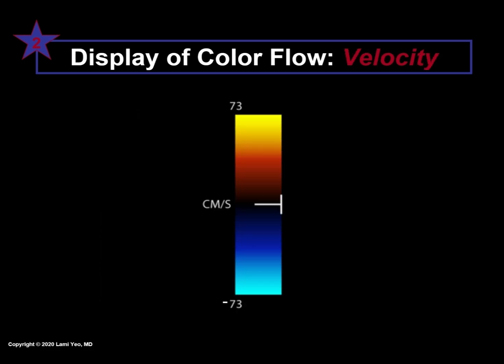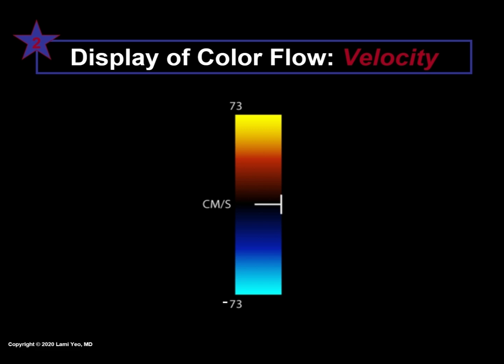Besides direction, the color bar also shows a velocity map, which assigns blood flow velocities to various color shades, such as orange-red or turquoise-blue. In this example, the velocity is 73 centimeters per second. There is a negative value when blood is moving away from the transducer, 0 when there is no calculated velocity, and a positive value when blood is moving towards the transducer.